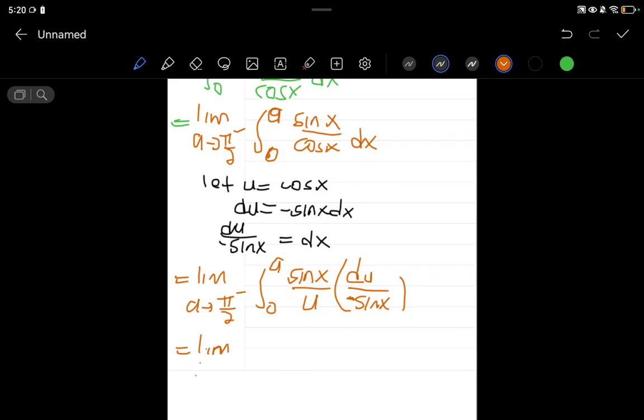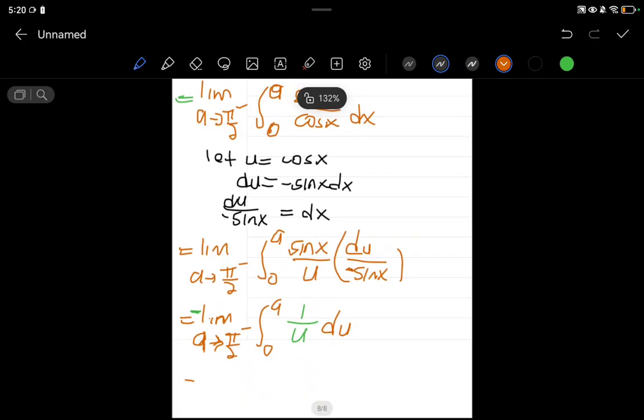You agree, right? Then this would be the limit as a approaches pi over 2 from the left of the integral from 0 to a. This would be minus, right? So allow me to put that negative there. The sign will cancel, we have 1 over u du.